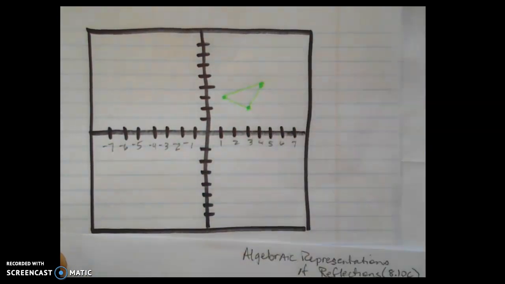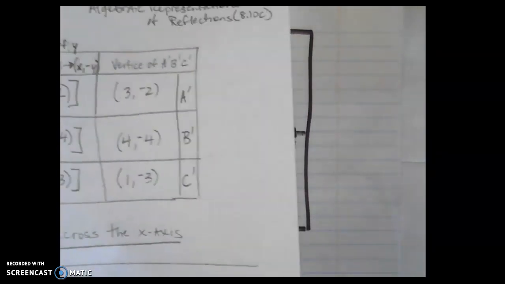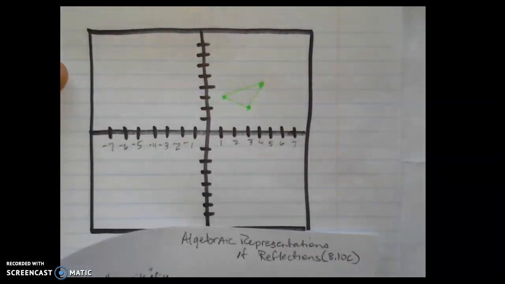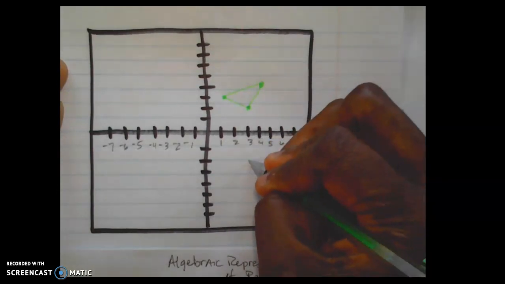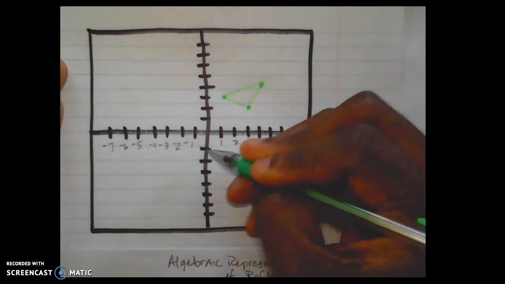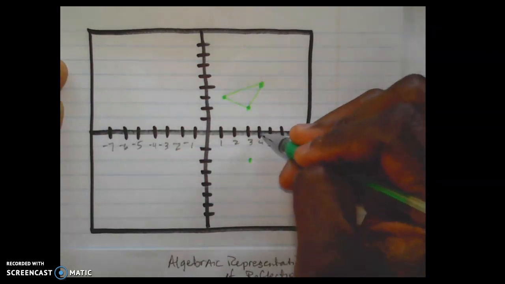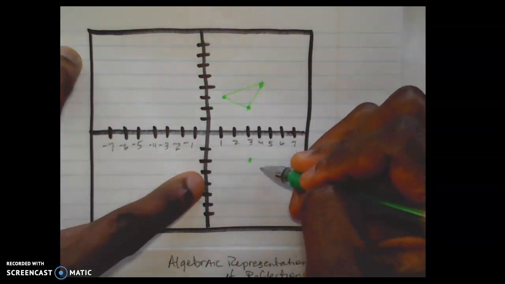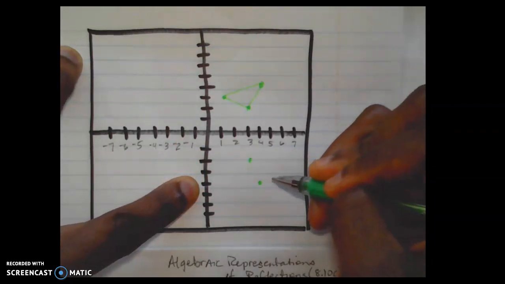So now I'm going to use the coordinates for my image here. So I'm going to use 3, -2, 4, -4, 1, -3. So I have 3, -2. So again, I'm counting down on my y-axis. I have 4, -4, so that's 1, 2, 3, 4. This is my best approximation, 4, -4.